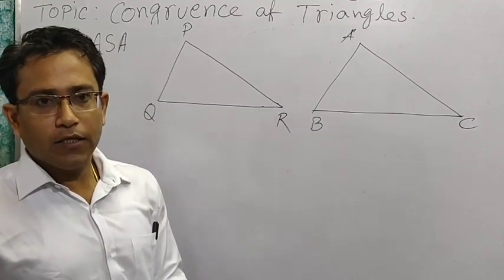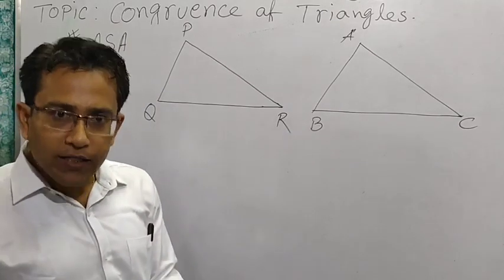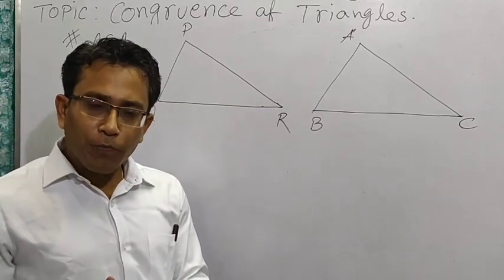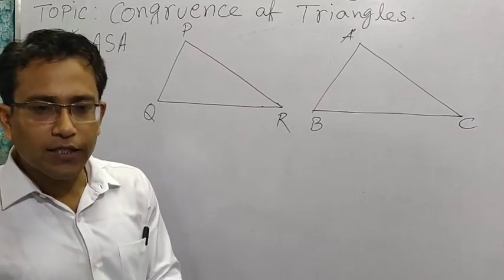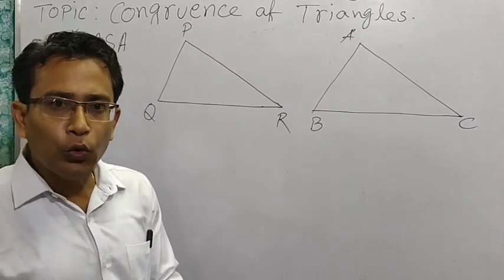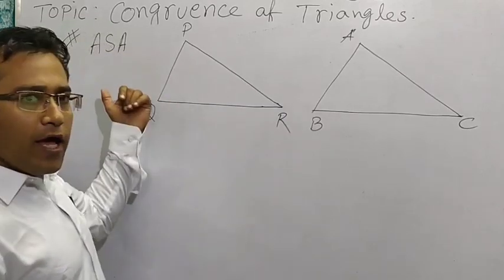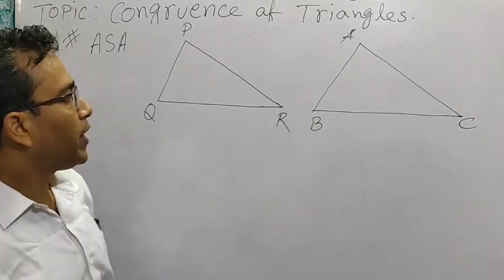Two angles and their included side of one triangle, if equal to the corresponding two angles and included side of another triangle, then the two triangles are congruent under the ASA, angle side angle congruence rule.